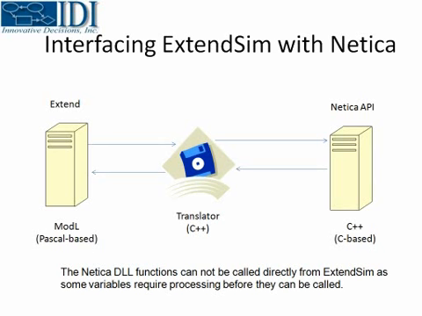So I wrote a little translator, which is another DLL program written in C++. Basically it handles all the housekeeping details, and I'll show you some examples in code of exactly what it does. It's an intermediate kind of glue code piece of software that sits between the Extend programming environment and the Netica API programming environment.